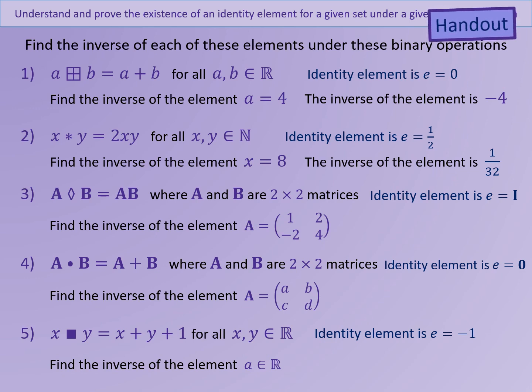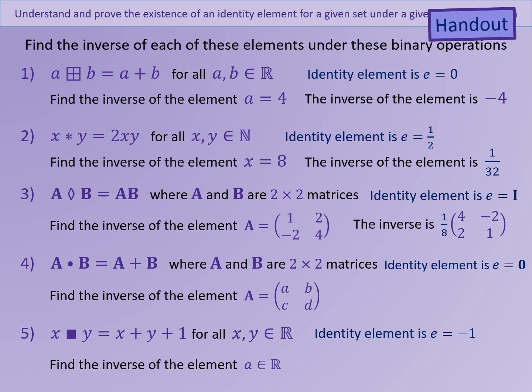For the third one, we can actually use the formula for inverse matrices, because we know the identity element of a 2 by 2 can be found, it is 1, 0, 0, 1, so we can use the inverse formula. The inverse is given there. For number 4, this is matrix addition, so we know the identity element is the 0 matrix, 0, 0, 0, 0.